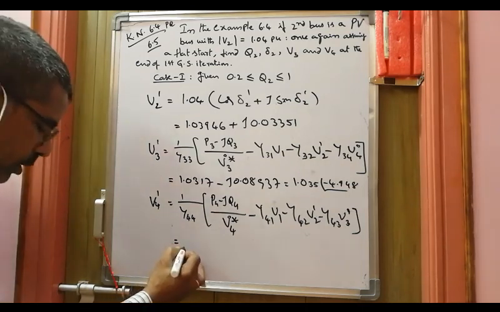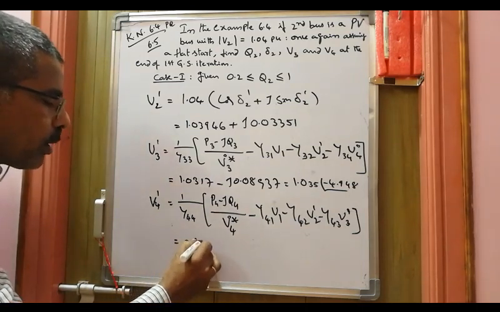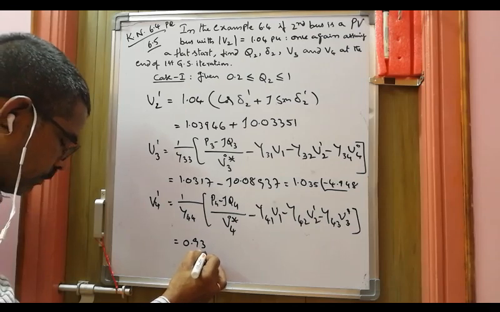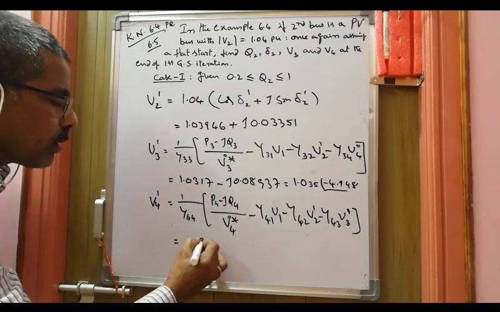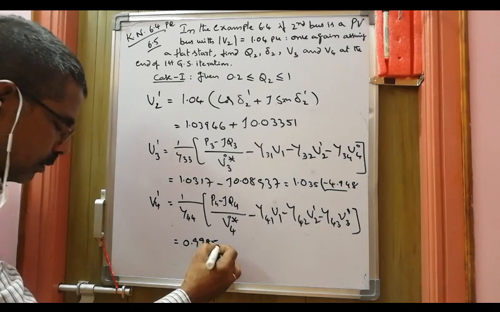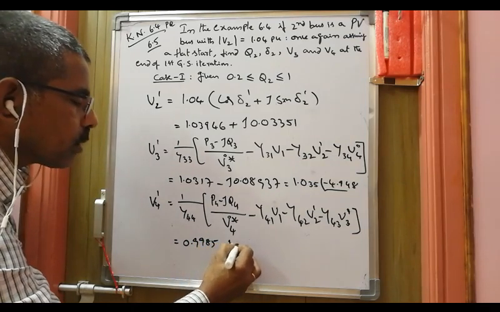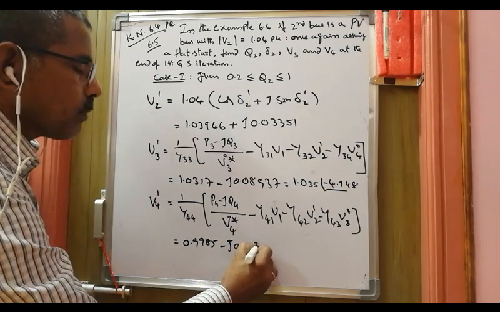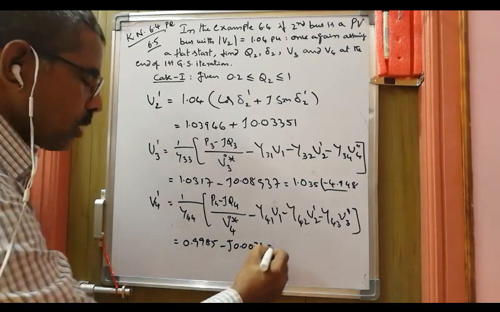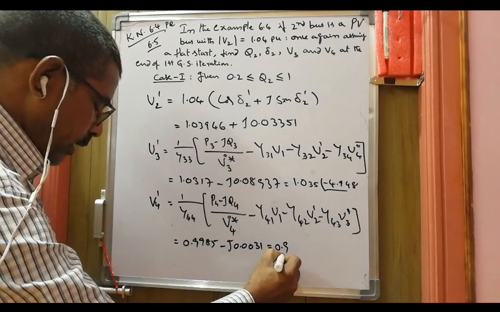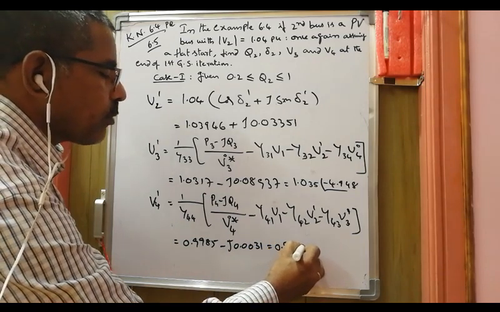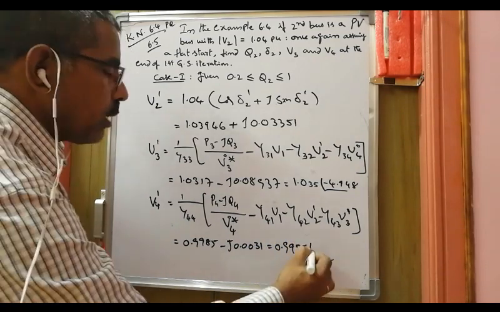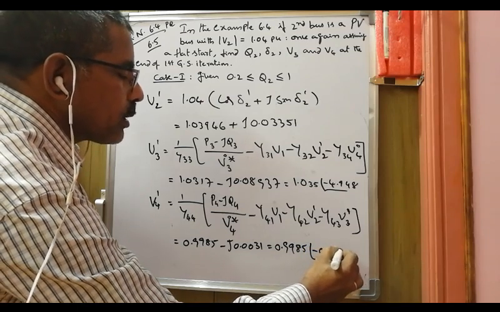So this value is 0.939985 minus j0.0031, which is 0.9985 angle minus 0.177.